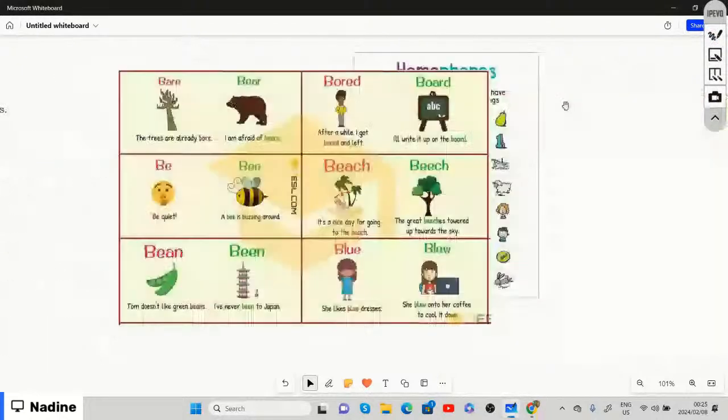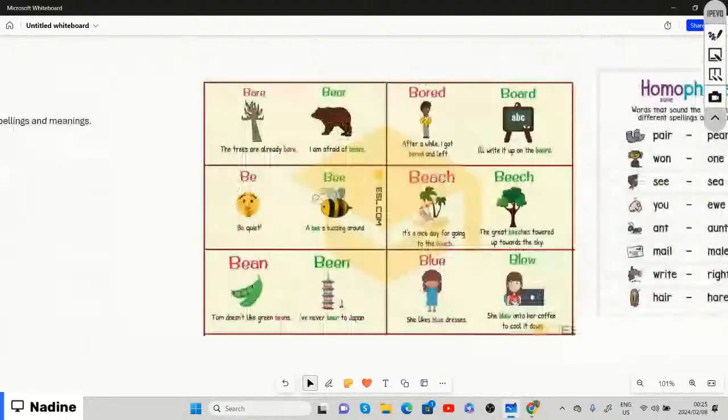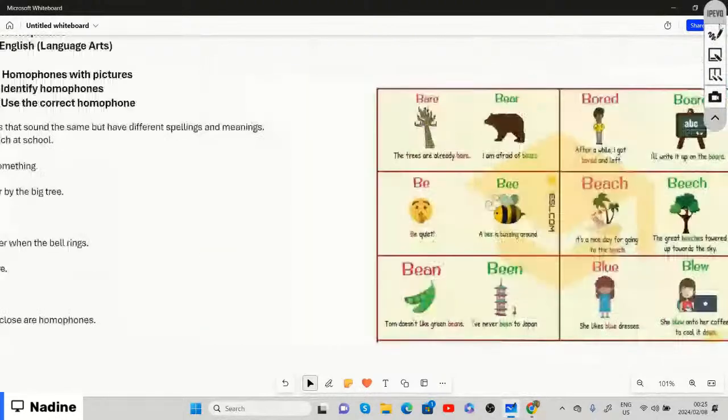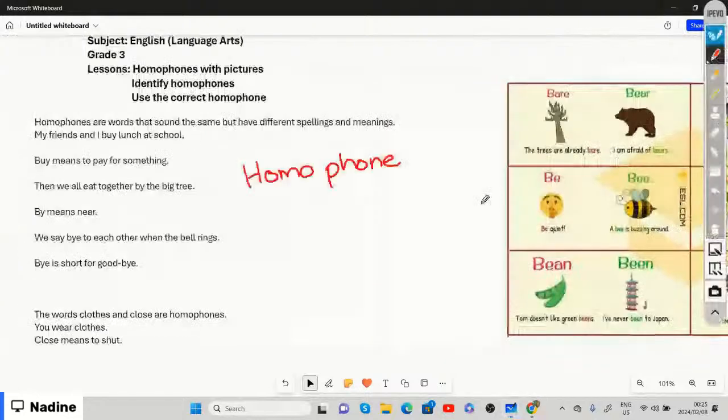Homophones. So homo means same, and phone has to do with sound. So same sound. Sounds the same, but the spelling as well as the meaning of these words are different.